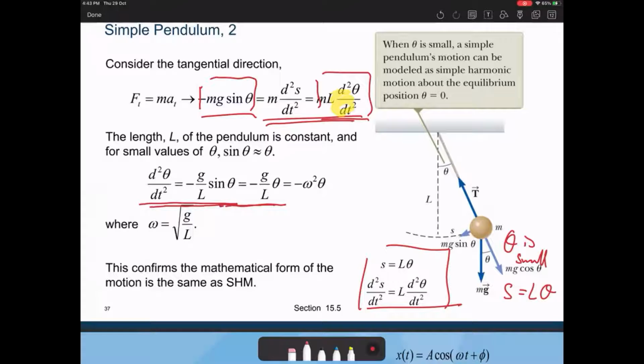Now, here it is the second order derivative of theta with respect to t, basically the angular acceleration. Here, it is the angular displacement.